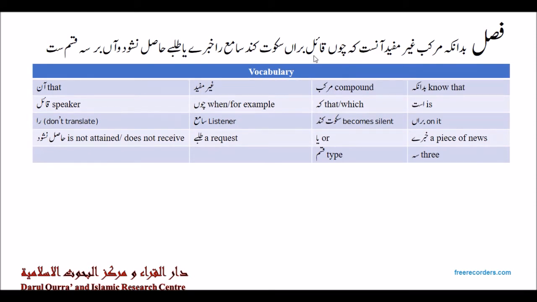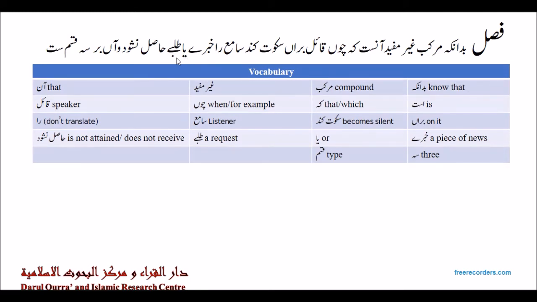So when the speaker becomes silent on it, Sami' ra khabare ya talabe hasil nashawad. Sami', the listener. We don't translate ra. Then we jump straight to the verb hasil nashawad, does not receive. So the listener does not receive khabare ya talabe, a piece of information or a request.